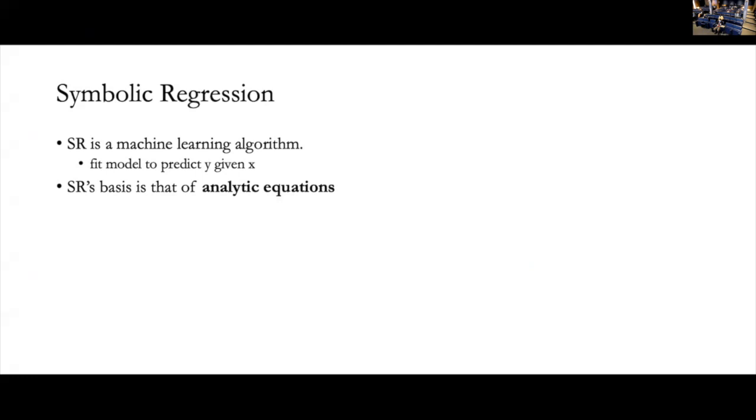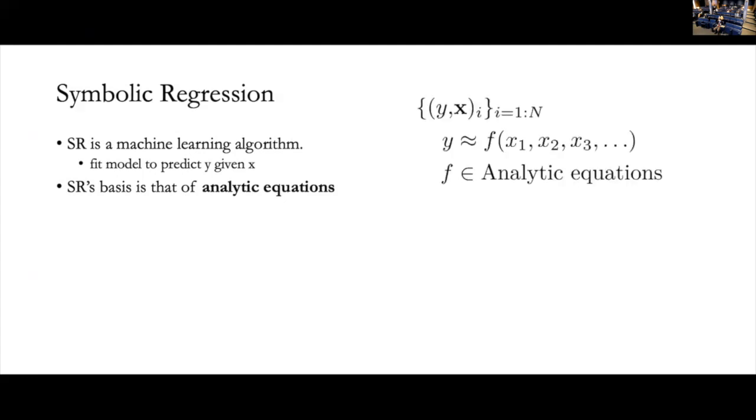In most machine learning models, you fit parameters in some model. In symbolic regression, the basis is analytic equations. You're trying to search the space of analytic equations to fit some relationship. You have some data sets, some tuples y, x, and you try to find f as an analytic equation to match this relationship.